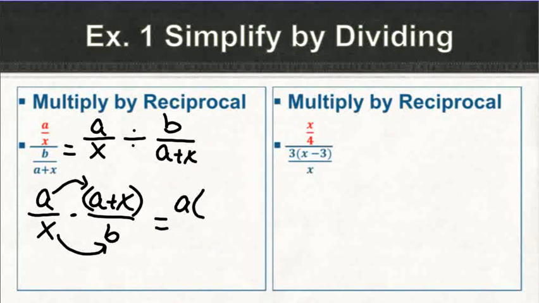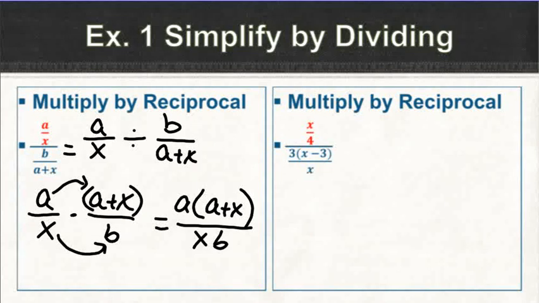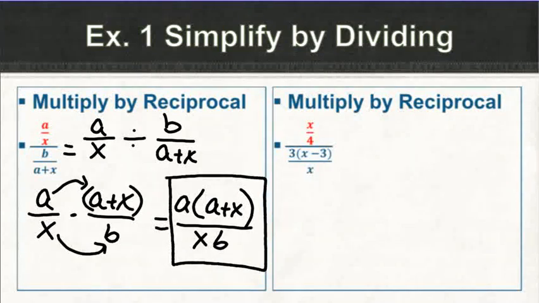So A times A plus X divided by X times B. Here I can easily see the factors in my numerator and the denominator. Nothing is in common. It's already simplified, so this would be my answer. I'm going to leave the second example here for you to try yourself. If you want to pause the video right now, you may, and work on that.